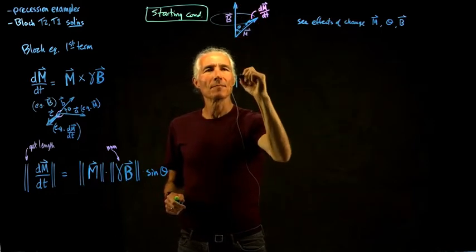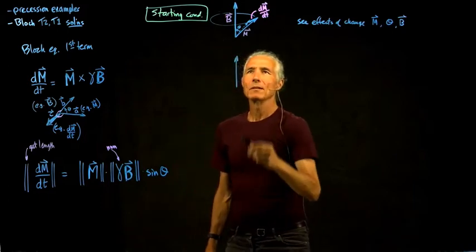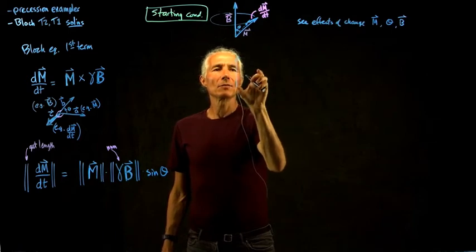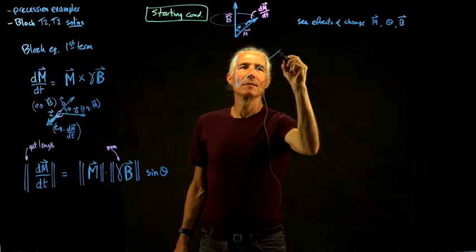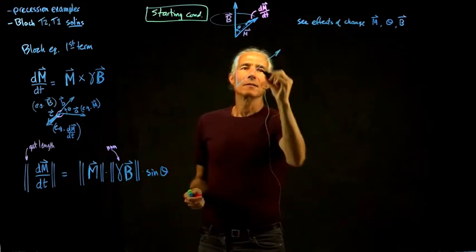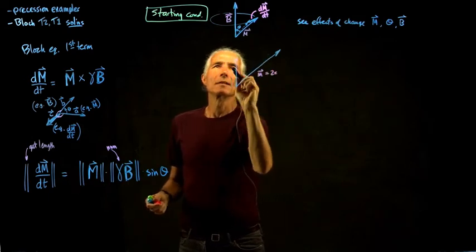So just make the B vector the same length there. But now we've doubled the M vector. So here's the M vector. I won't change the angle, and so I'll just double the M vector. So there's a bigger M vector. So M equals 2 times, and then here's B.